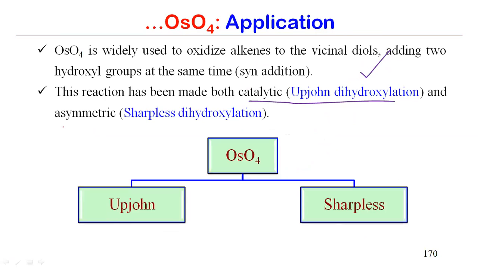The second category is the Sharpless asymmetric dihydroxylation reaction, which was discovered by the scientist Sharpless, who gave tremendous time to the research and development of chiral dihydroxylation of alkene. In his honor, we call this the Sharpless dihydroxylation reaction.